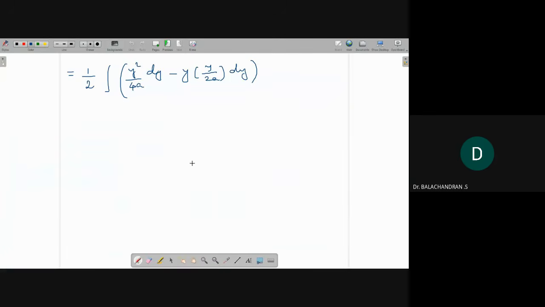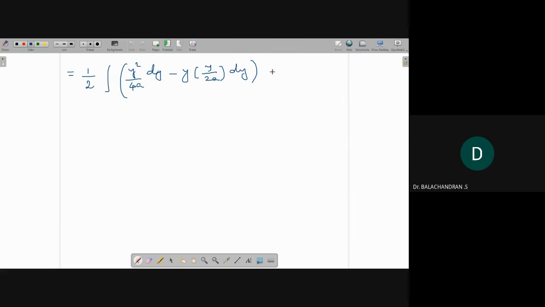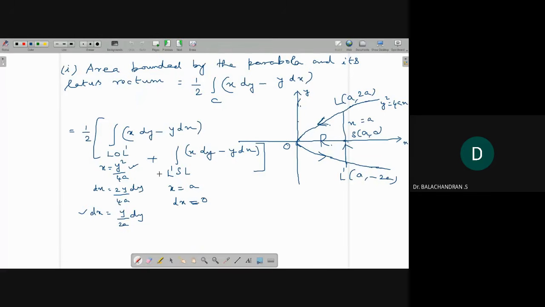Okay. So I think I wrote up to this step: minus y dy, and then plus integral over L dash.